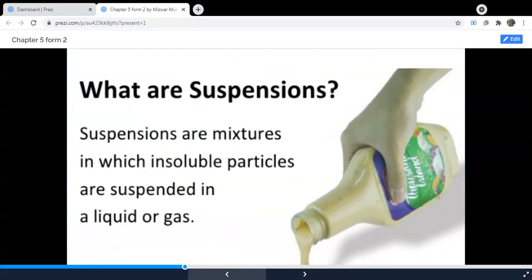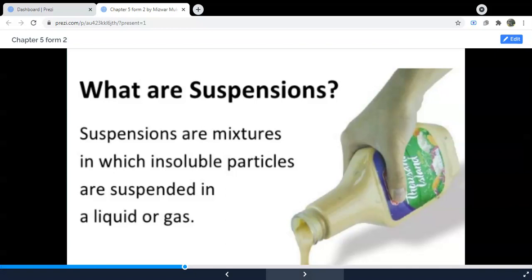Okay, next kita nak tengok what are suspensions. Suspensions are mixtures in which insoluble particles are suspended in liquid or gas. Itu adalah maksud suspension.